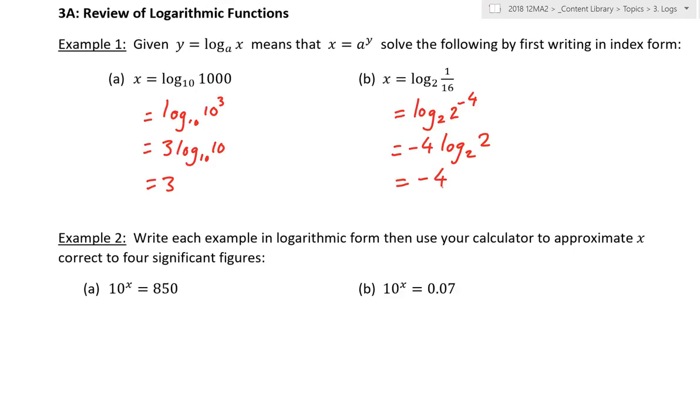Now, I can do log base 10 on my calculator. I can't do log base 2, but we can use the change of base formula. Flip side to this though, while it might be hard to punch that into my calculator and get the answer, it's really quite easy to check my answer, because if I type in 2 to the power of negative 4 in my calculator, I really should get 1 over 16.